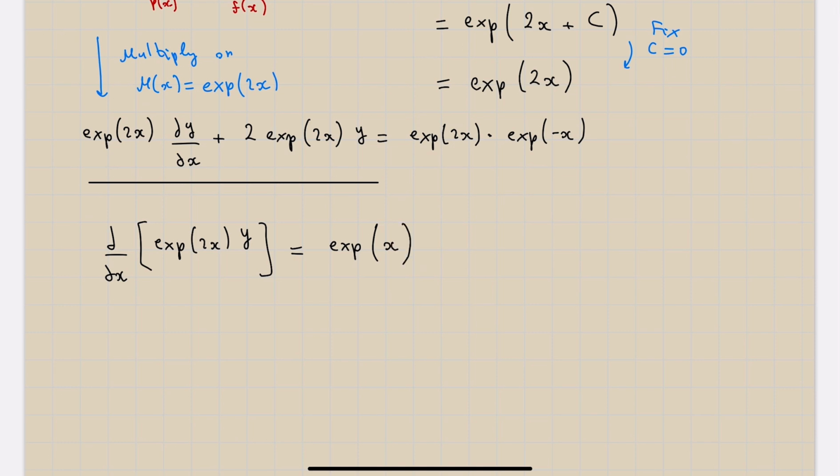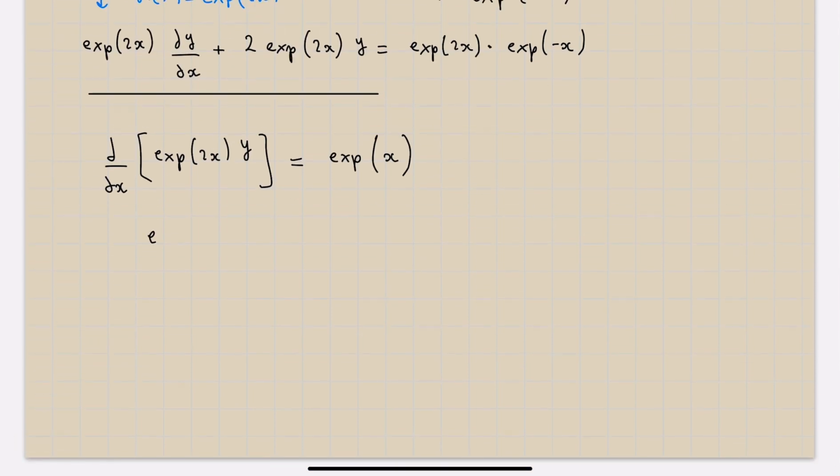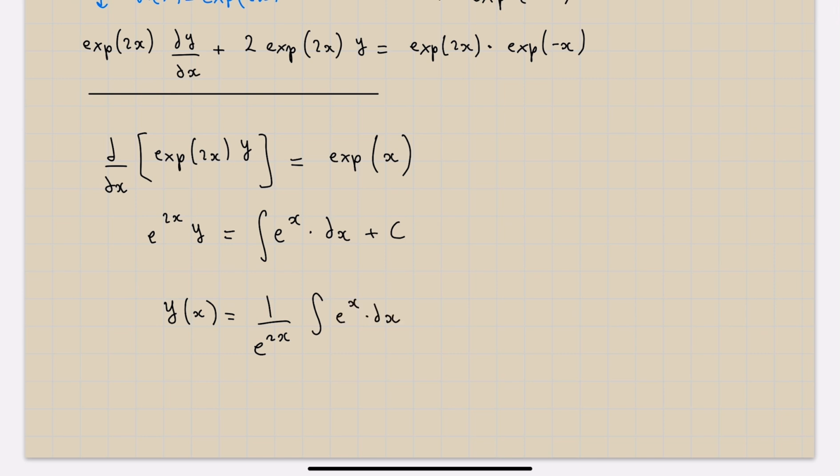Then exponential of 2x times y is the integral of exponential of x dx plus c. So my y(x) is 1 over exponential of 2x times the integral of exponential of x dx, plus c over exponential of 2x. So that's it, and let's wrap it up here.